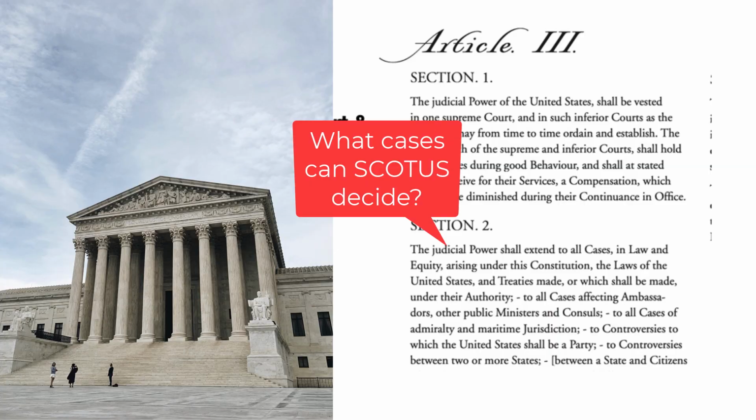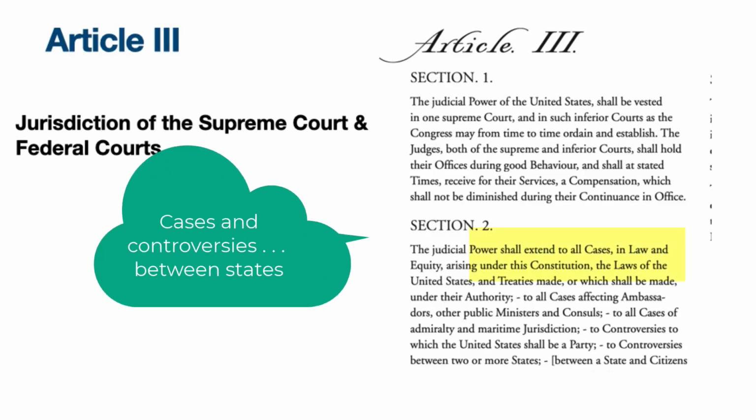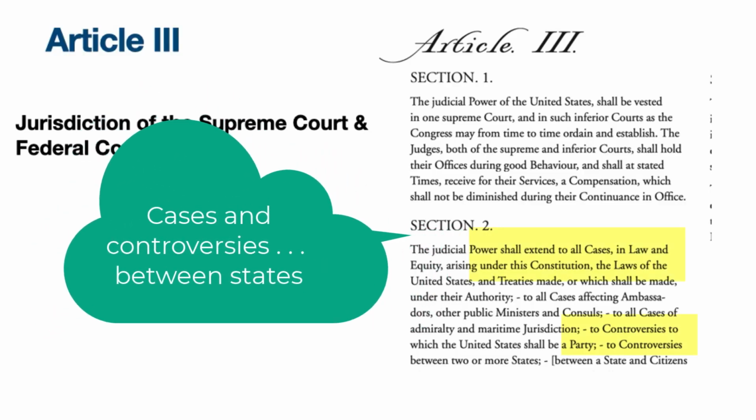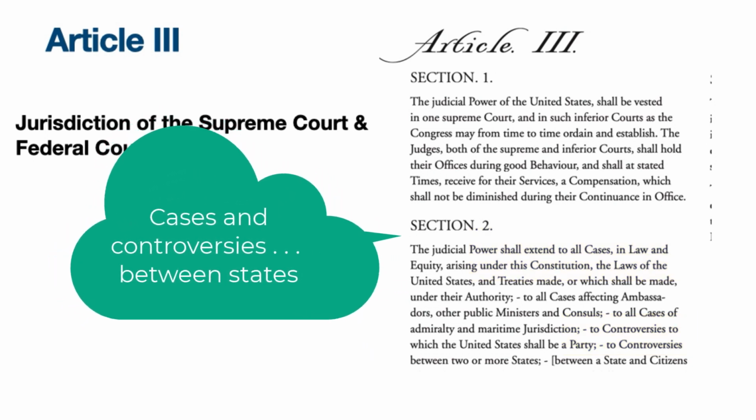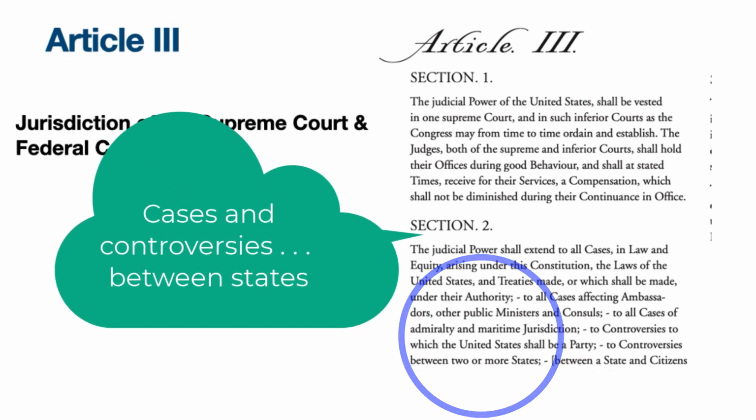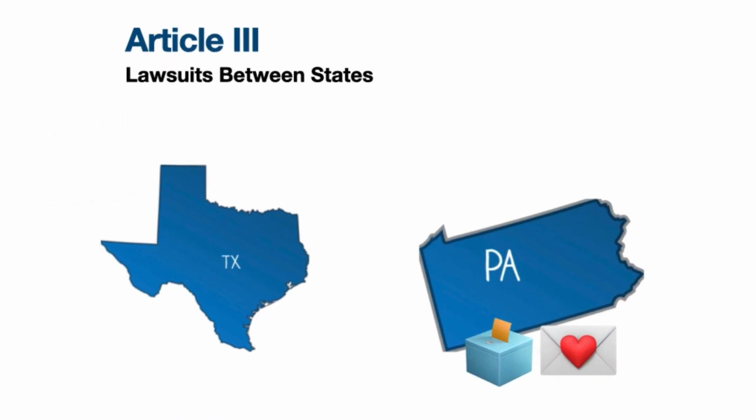And if you look at Section 2, you can see that the Supreme Court can hear cases, it can hear controversies, and one type of case and controversy that the Supreme Court can hear involves lawsuits between two or more states.